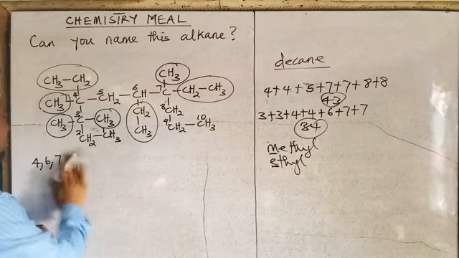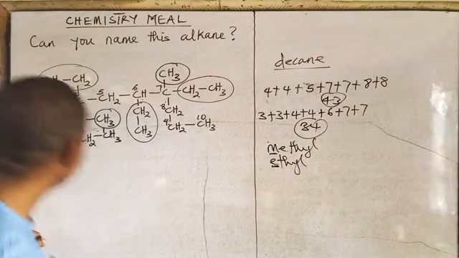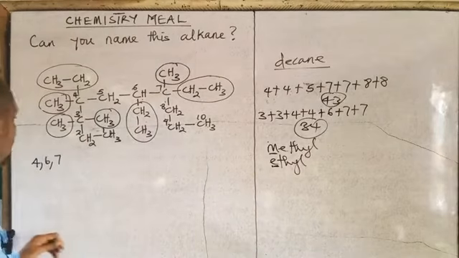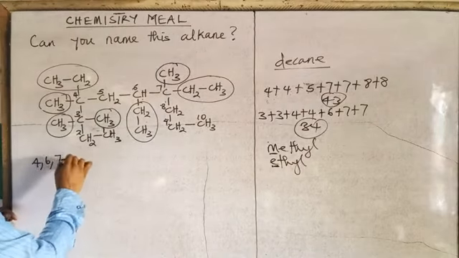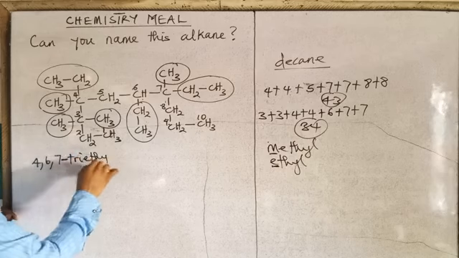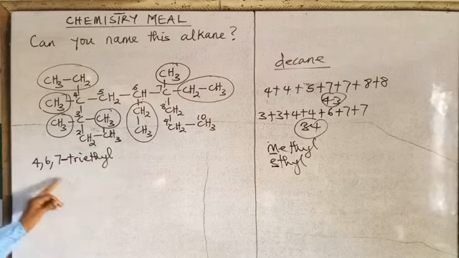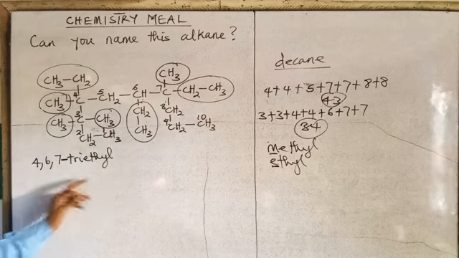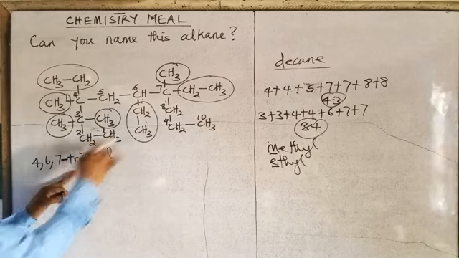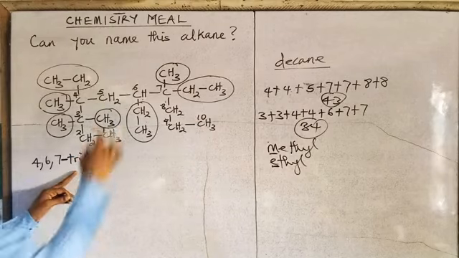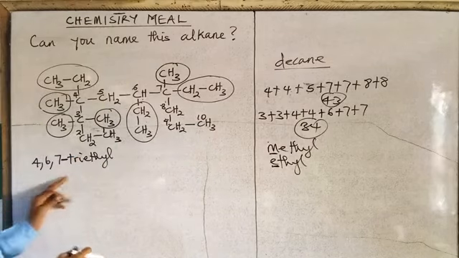Triethyl. So 4, 6, 7 hyphen triethyl. Because we cannot say 4 ethyl, 6 ethyl, 7 ethyl. That would be clumsy. So this tri is showing us that they occur 3 times. So 4, 6, 7 triethyl.